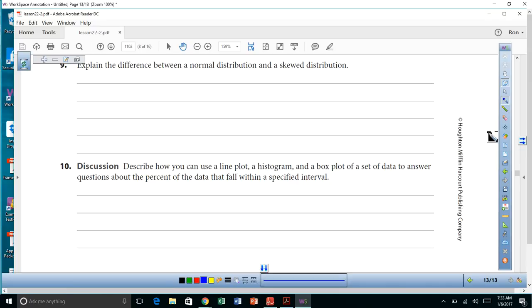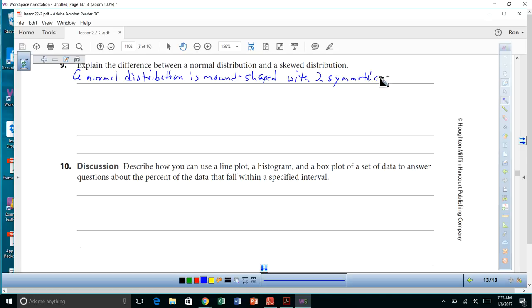Okay. A normal distribution is mound-shaped with two symmetrical tails.